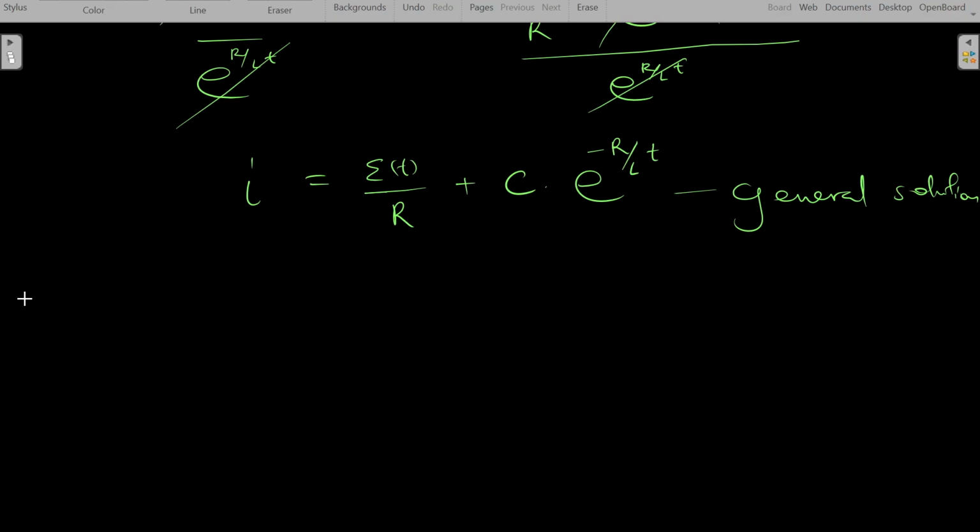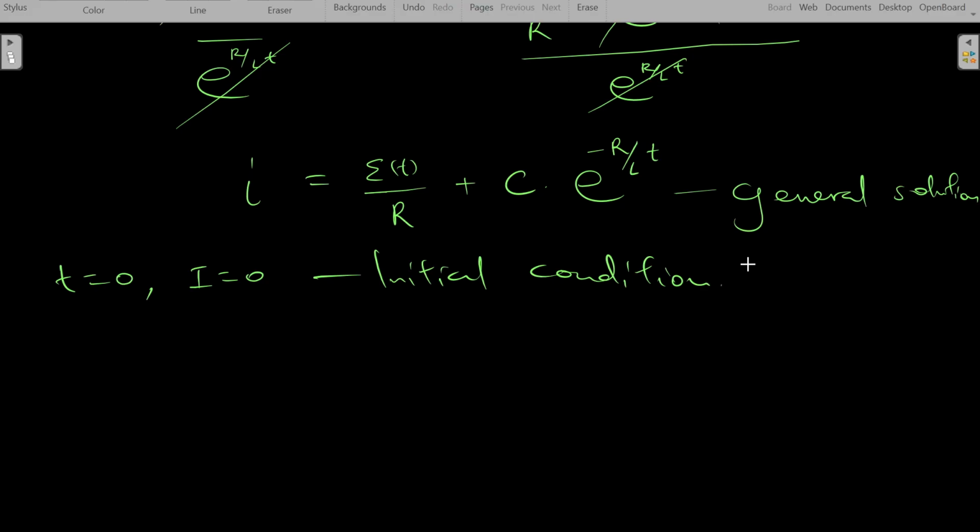So we had time equal 0 and no current flowing at that point. So this is our initial condition. Remember the initial value problem, IVP. So this is our initial condition before the circuit was closed.